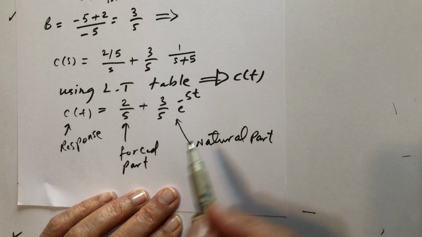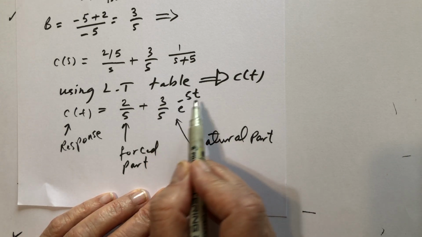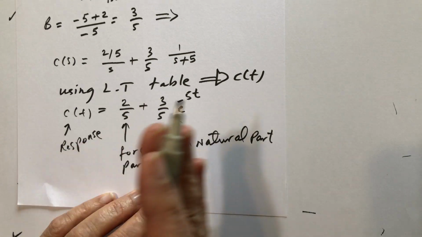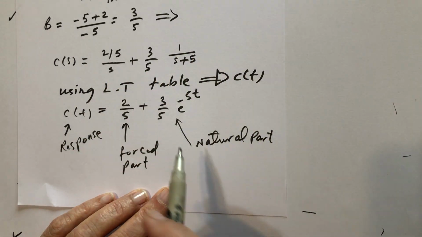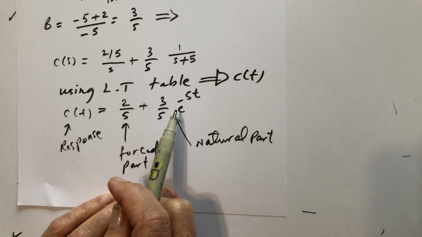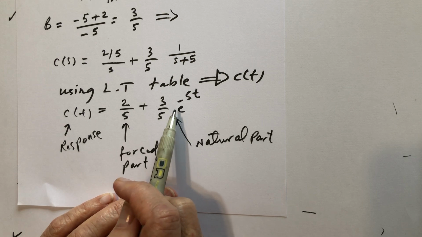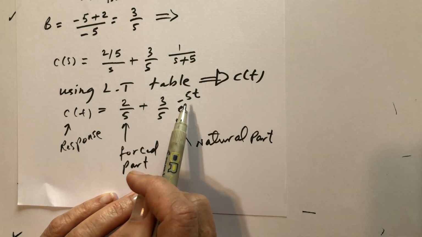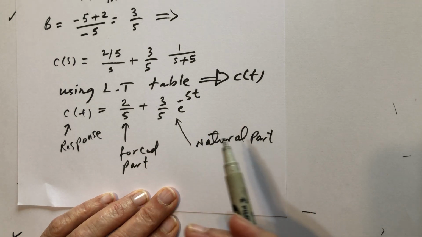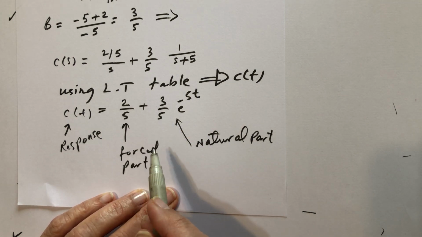You notice that this natural response is an exponential. As t grows, as t becomes big, this will vanish. It will become 0 because it's e to the minus. So e to minus 5 times t, let's say t is 10, will become very, very small.